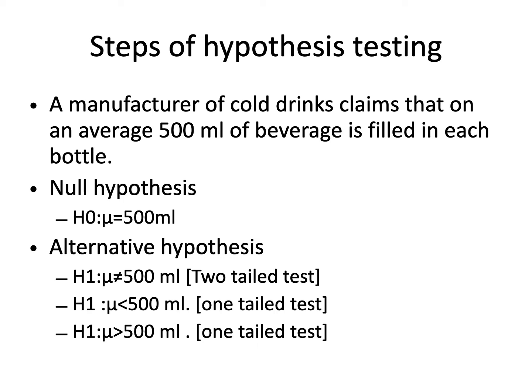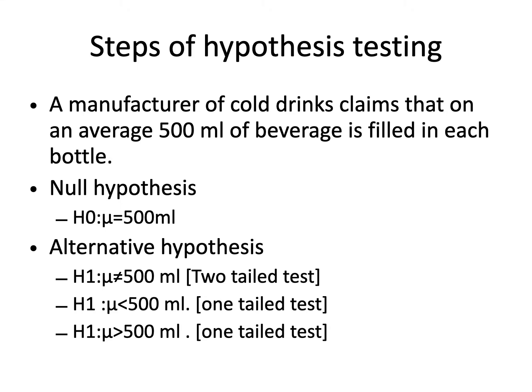We have made an assumption about the population parameter, and we move on assuming it's true. Next we make an alternative hypothesis, which is H1, and H1 is that mu is not equal to 500 ml, that is the bottle doesn't contain 500 ml of beverage or cold drink.